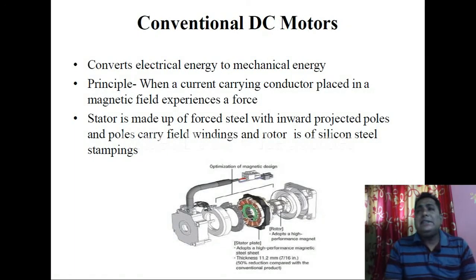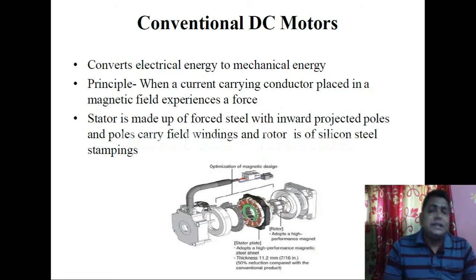So those things we have to know now. Conventional DC machine. We know that in a DC machine we have two parts: a stator and a rotor. The stator is the stationary part of the machine and the rotor is the rotating part.